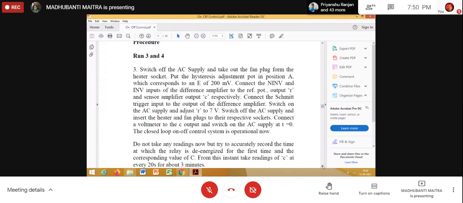When the temperature reaches 72 degree, the heater will get disconnected from the circuit and the fan will get connected and the cooling process will take place. So cyclically the temperature of the plant will change from 68 to 72, then back to 68, again 72, then back to 68, and so on.